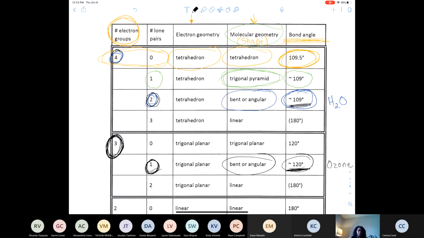So that is the difference. Even though they have the same type of shape, their bond angles are different because the number of total groups around the central atom is different, and the number of lone pairs on that central atom is different. That is what attributes to the difference in the bond angles for those two molecules.